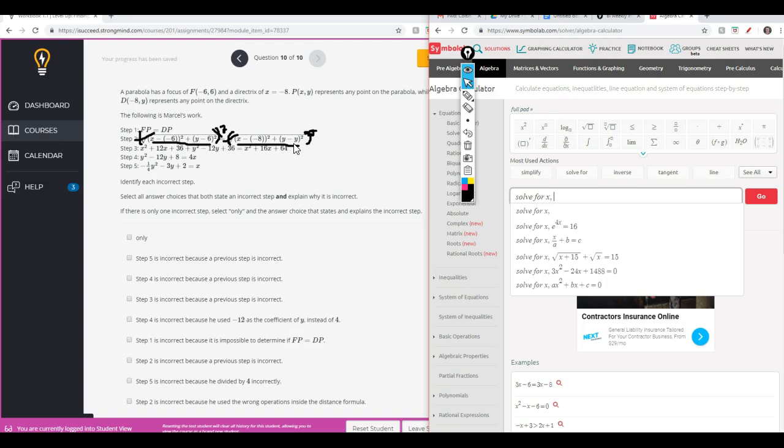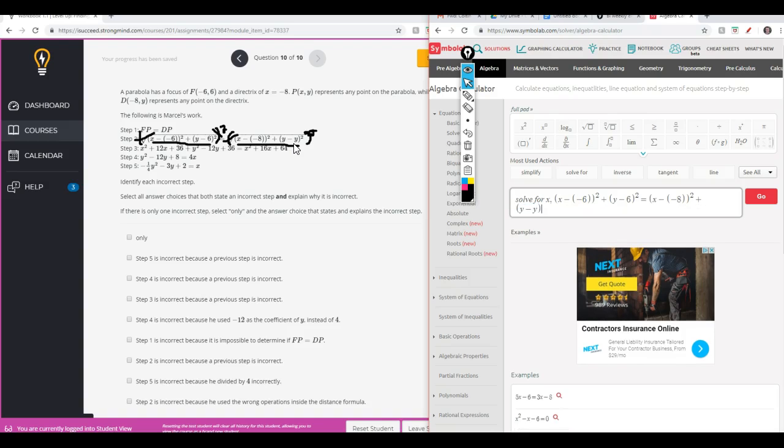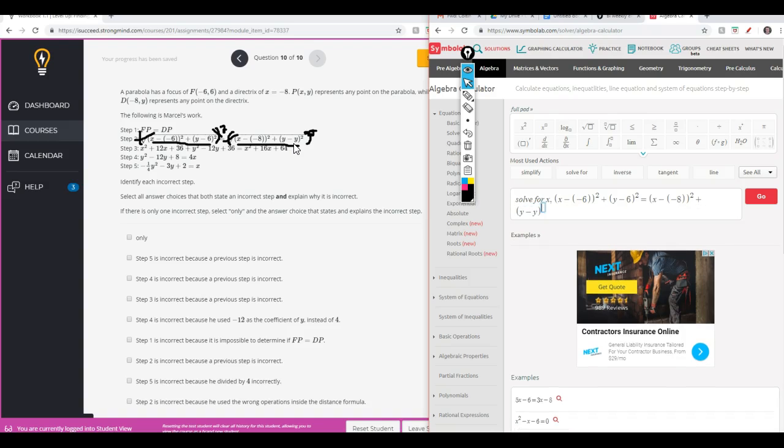So I know I'm solving for x, and then it'll be x minus negative 6, and that's being squared, plus y minus 6, and that's being squared, and that equals x minus a negative 8, and that's being squared, plus y minus y, and that's being squared.